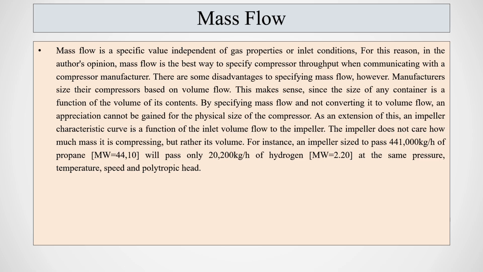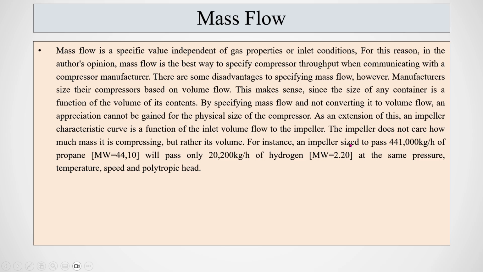The manufacturers are manufacturing the impeller, diffuser, discharge vessel, etc., based on the volume, not on the mass. But at the same time, mass flow is also important, because the same impeller does not care how much mass it is compressing, but rather its volume.